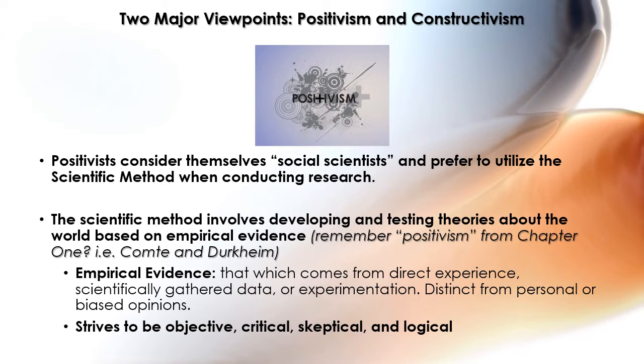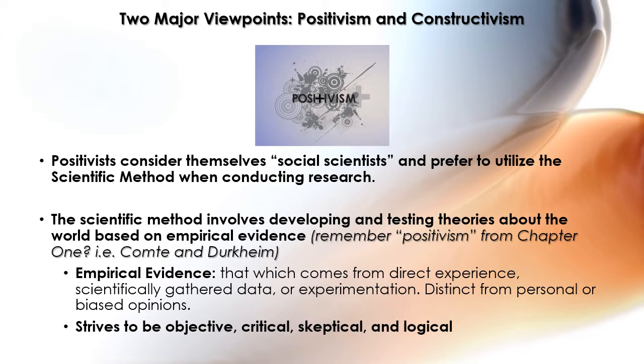And again, that's the kind of evidence that can be measured, that comes from direct experience, scientifically gathered data, or experimentation. And that's distinct or different from personal or maybe biased opinions.